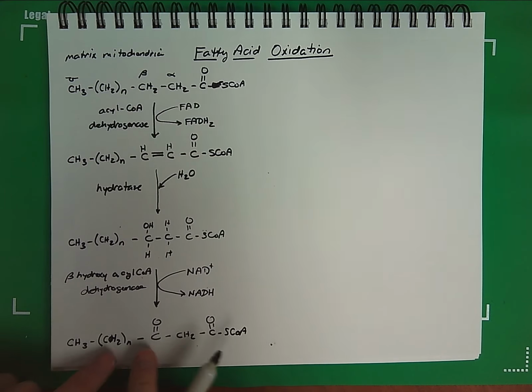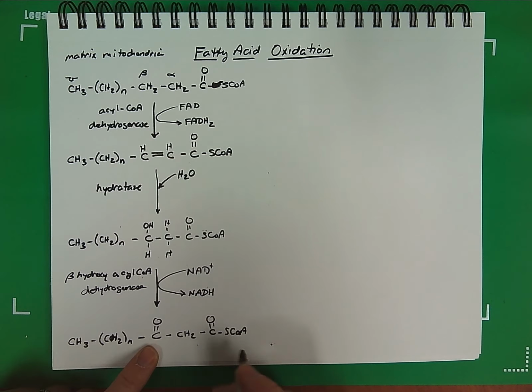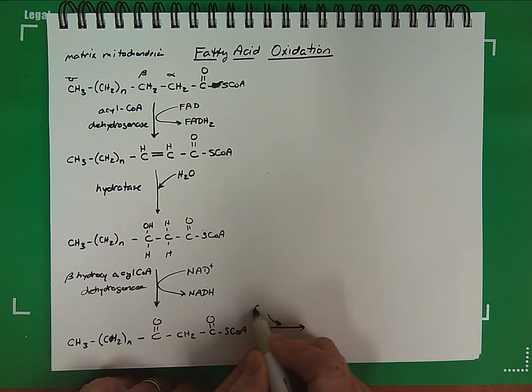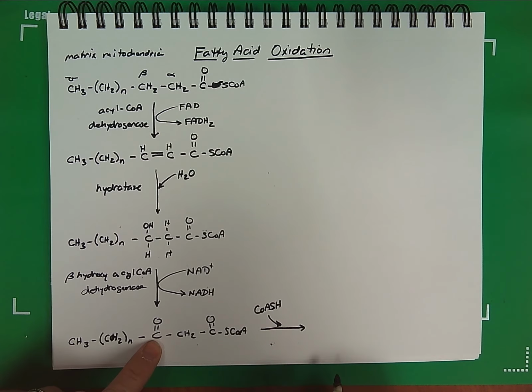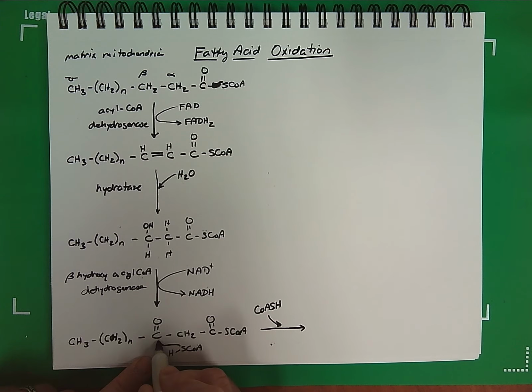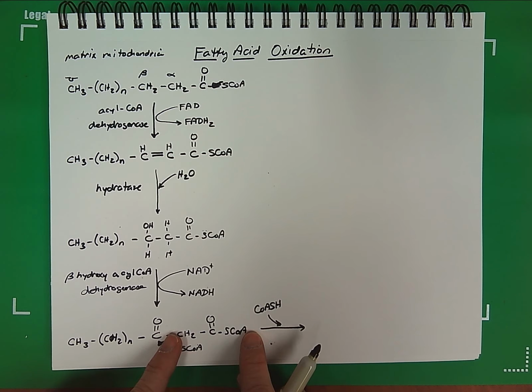Now, once we have this structure with our ketone structure on the beta carbon, we have a simple reaction which is simply going to be adding CoASH to this carbonyl. So the sulfur of coenzyme A is going to perform a nucleophilic attack on this beta carbon, and in doing so, it's going to release this 2-carbon unit.